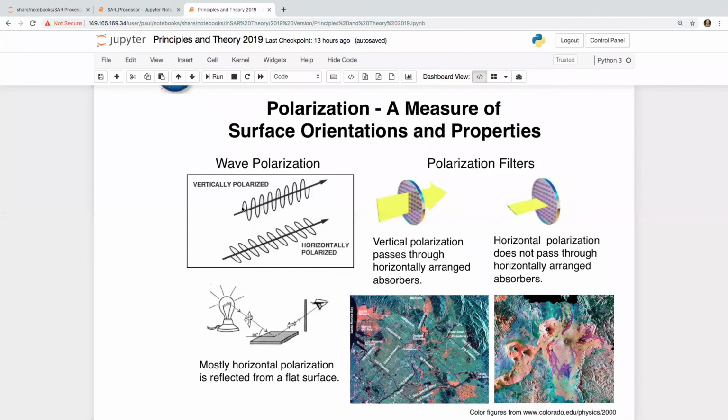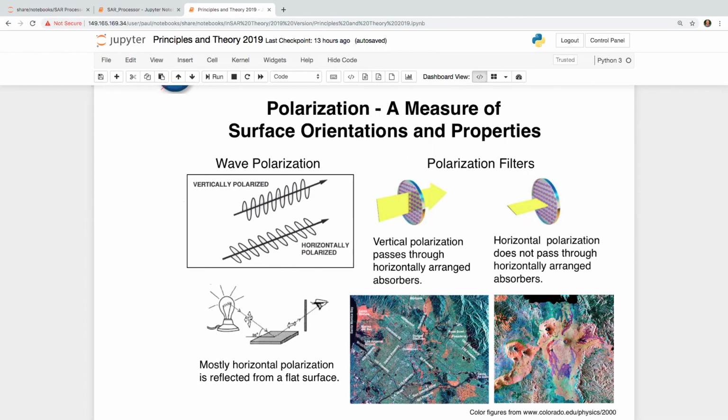We can control our polarization as we transmit, so we can arrange the electric field vector vertically or horizontally, or some combination thereof. And surfaces which are oriented tend to orient the scattered signal that comes back. So by looking at a surface polarimetrically, you can say something about the orientation of scatterers.